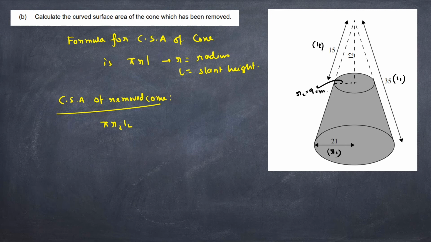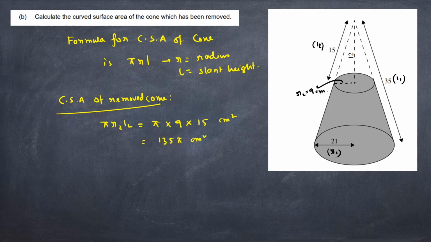So now we will find out the answer. This is pi into the value of R2, which is 9, into the value of slant height, which is 15. So if you calculate that, this is in centimeter square because it is area, so it will be 135 pi centimeter square.